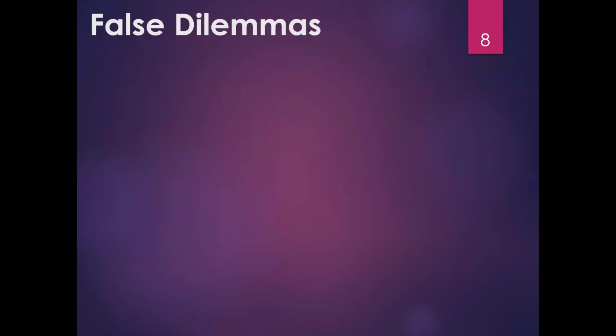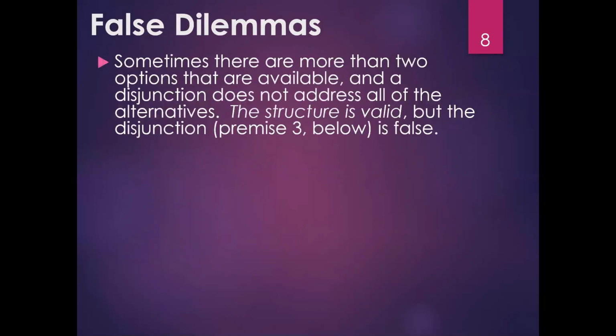There are false dilemmas sometimes. So when there are more than two options that are available, but the disjunction doesn't address all of those alternatives, we're going to have a structure that's valid here, but the disjunction, in this case, premise 3, is false.